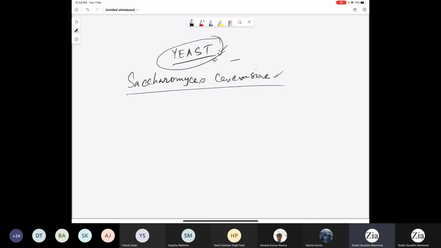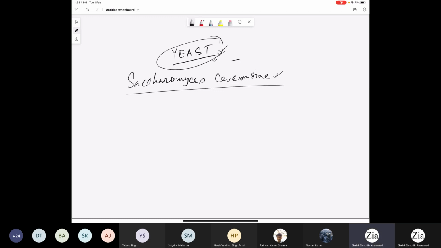And when we talk about alcohol fermentation, there we'll talk about different other Saccharomyces, Saccharomyces sake, Saccharomyces uvarum, and even Candida utilis is another fungus that is also used for different kinds of food supplement production.